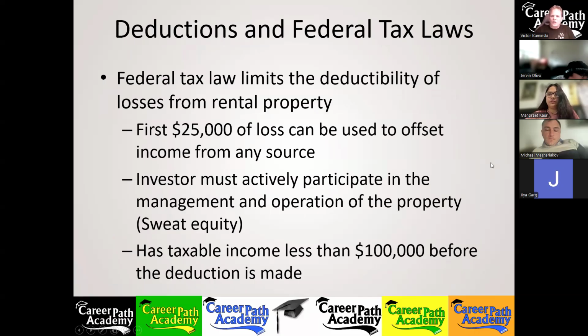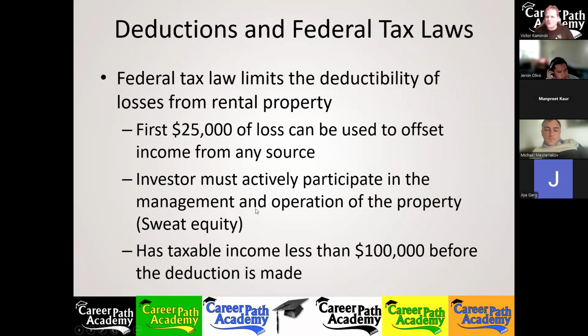Now, federal tax law limits the deductibility of losses on rental property. The first $25,000 of loss can be used to offset income from any source. Investors must actively participate in the management of the property. They'll call that sweat equity, okay?